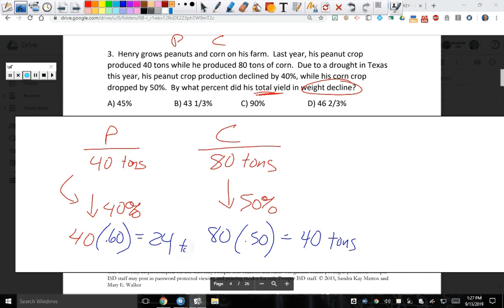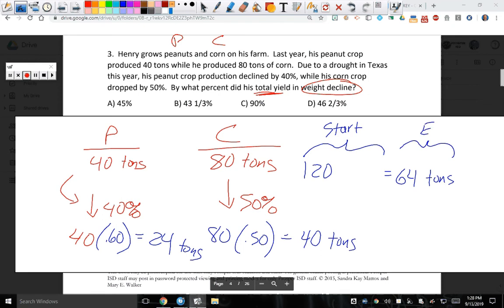Marissa, what would you do from here? Once you have the total yield, you'll add your 24 and 40, which is 64. Okay, so you have 64 tons compared to your original, which is 120 tons. Perfect. The original is right here, and this is what you end up with. So I'm going to multiply 120 by something and get 64. You with me?